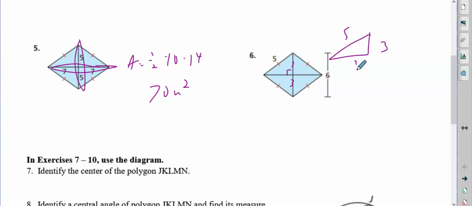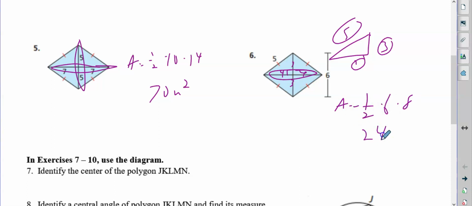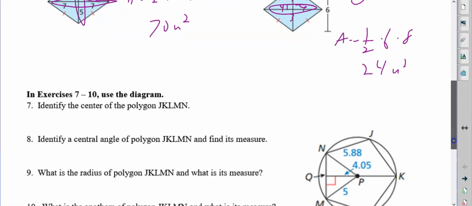We need to find this. Two ways of doing that: a squared plus b squared equals c squared, or recognizing that that is a classic Pythagorean triple of 3, 4, 5, which means this is 4, that's 4, so that's 8. So area is 1/2 times 6 times 8, which is 24 units squared.